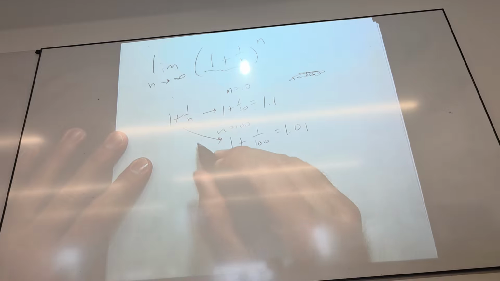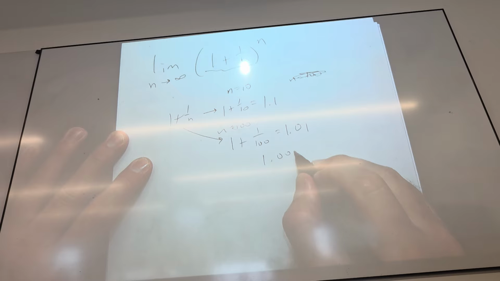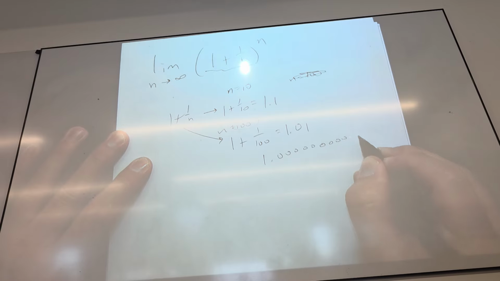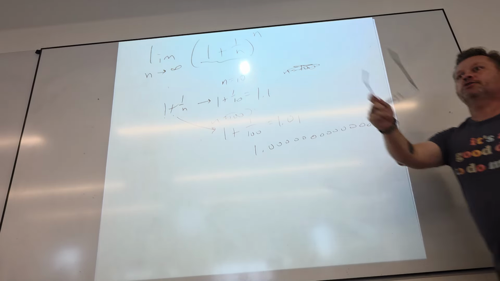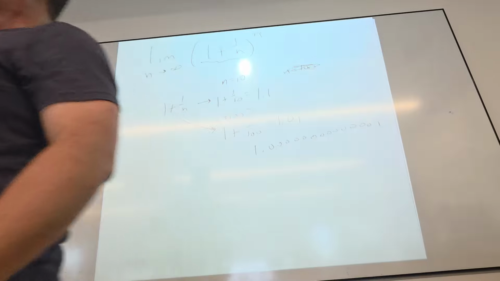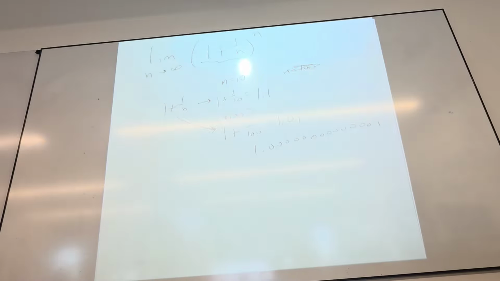If I just keep making n bigger, that's just going to push my zeros out further and further, but they always hit a place where it becomes 1 at the end. It's always a little bigger than 1, no matter how big n is. Is it important for you to understand what I'm about to say in order to pass this class? No. Is it awesome if you understand?